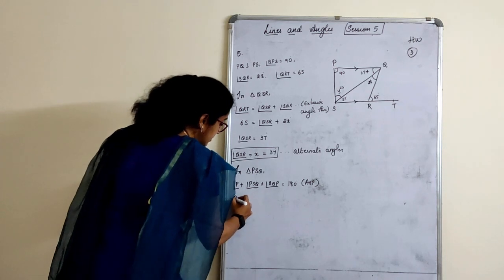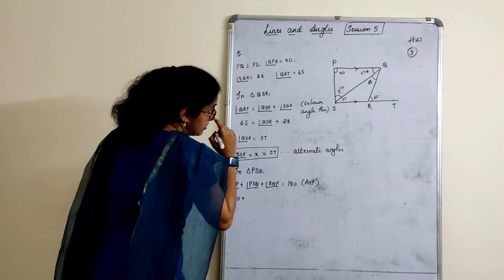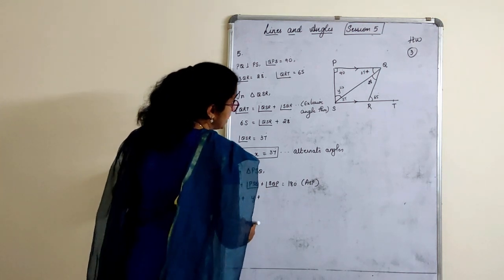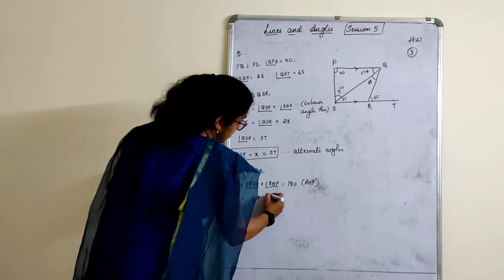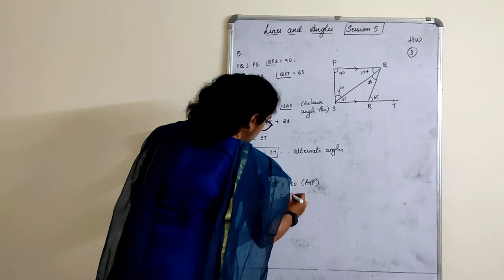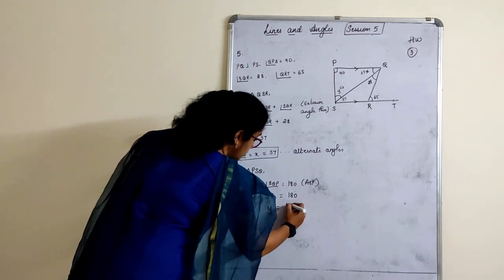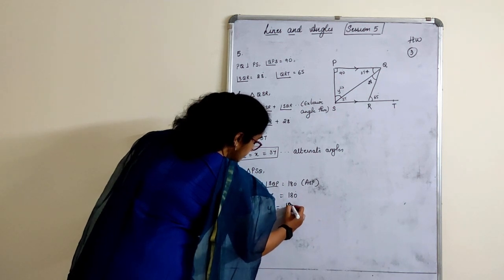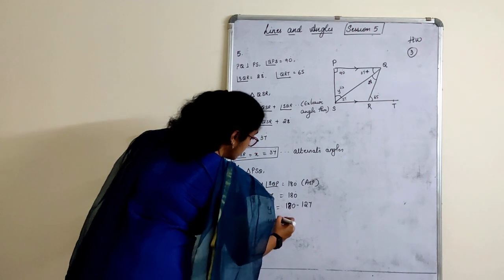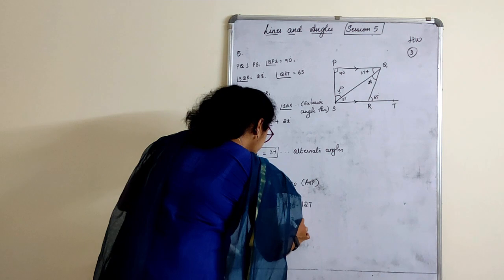So angle P is 90 plus angle PSQ is Y plus angle SQP is 37 degree is equal to 180. So Y is equal to 180 minus 127. So Y is equal to 53 degree.